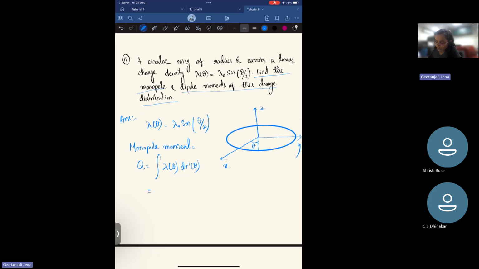Lambda is given as lambda 0 sin theta by 2, and dl is a small length element, which will be r d theta. For a small angle d theta, this length is r d theta. Theta will be from 0 to 2 pi.